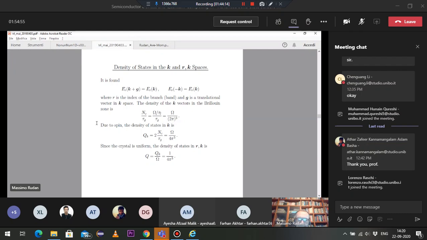So actually, to each K there correspond two possible states of the electrons. So we must distinguish between the density of the K vectors and the density of states. The density of states is twice the density of the K vectors. It follows that the density of states, q of K, is 2NC over tau G, which is equivalent to omega over 4 pi cubed.